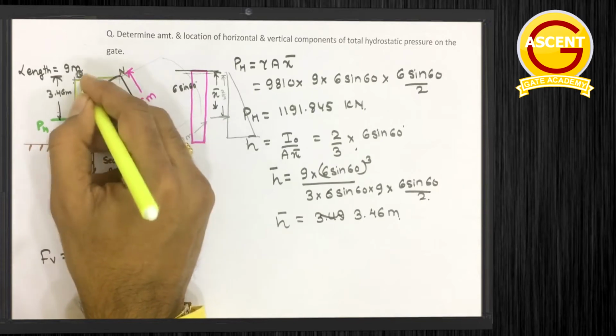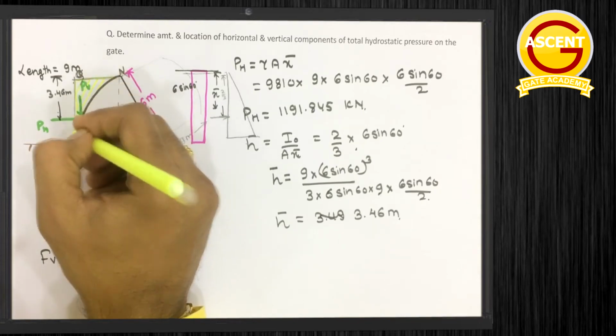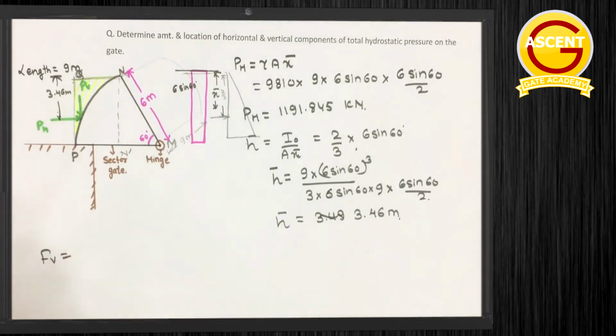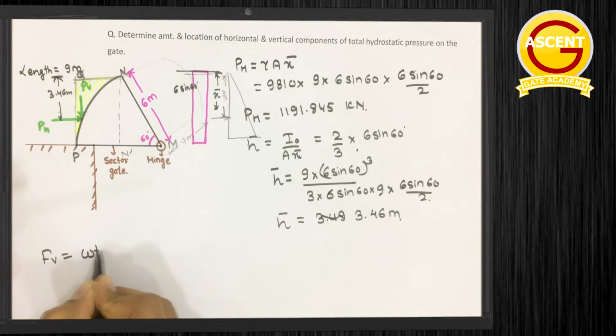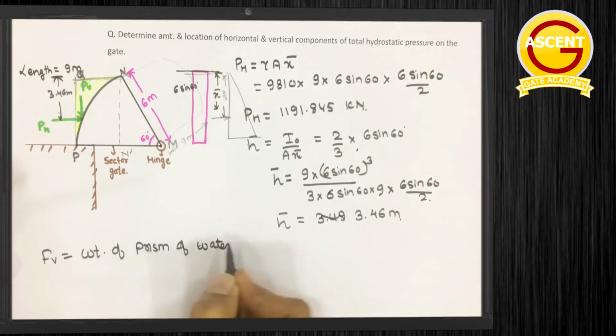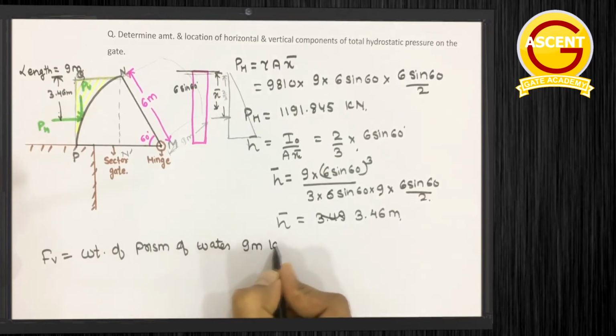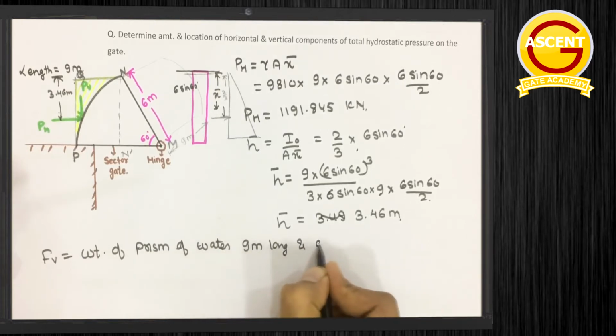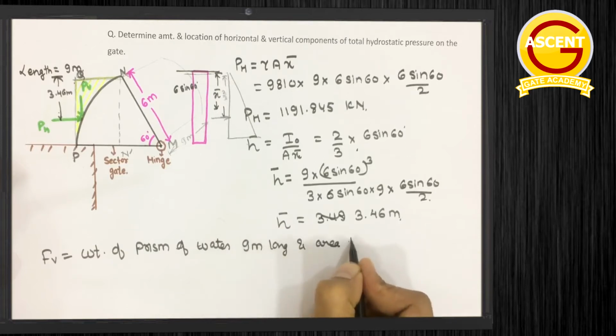So first we will have to determine this shaded area. FV is actually the weight of the prism. You can write it as the weight of the prism of water which is 9 meter long and having area as PQN.